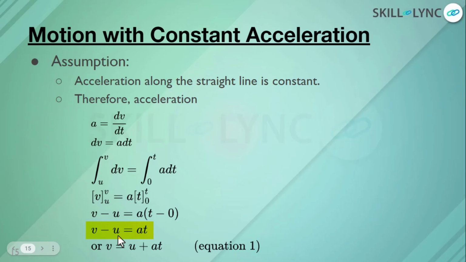V minus u equals at minus a times 0, which is actually 0. So the RHS is directly written as only at. Thus, the equation is v minus u equals at. This can also be written as v equals u plus at. Let's consider this as equation 1.